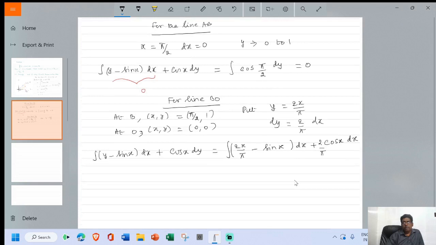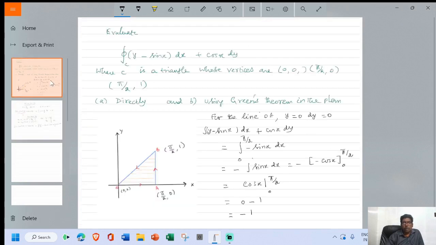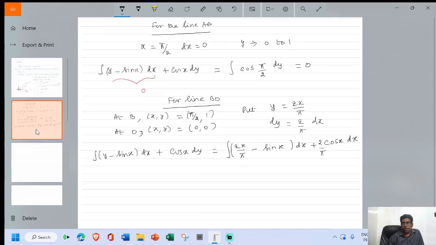Now all are expressed in x. We are talking about the BO line, so the limit is π/2 to 0. Lower limit is π/2, upper limit is 0.